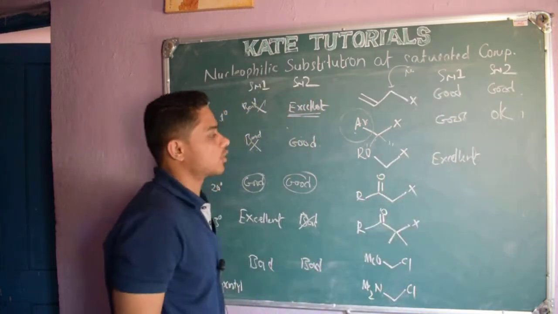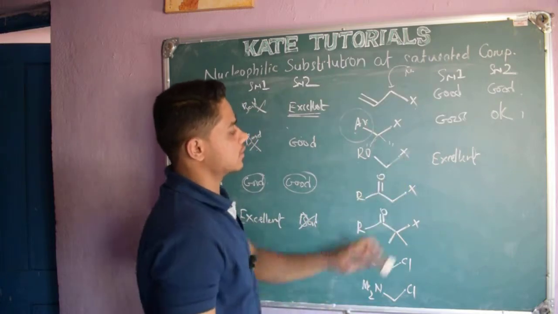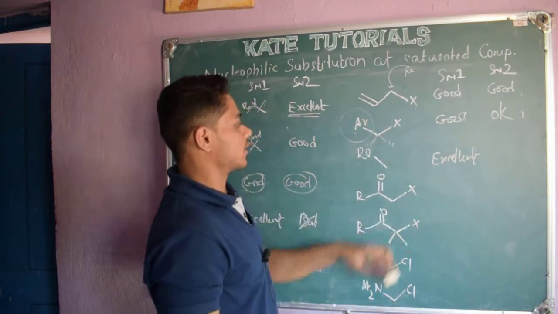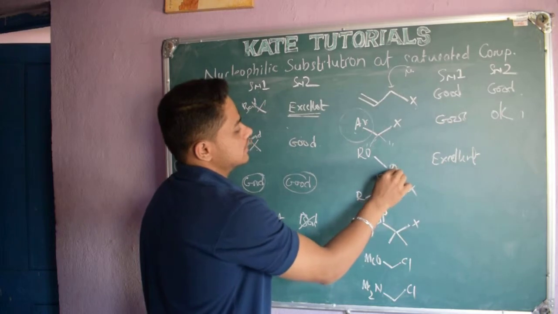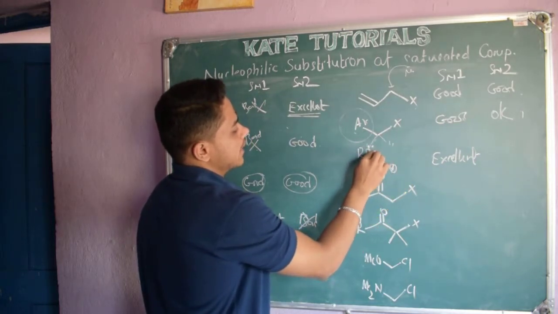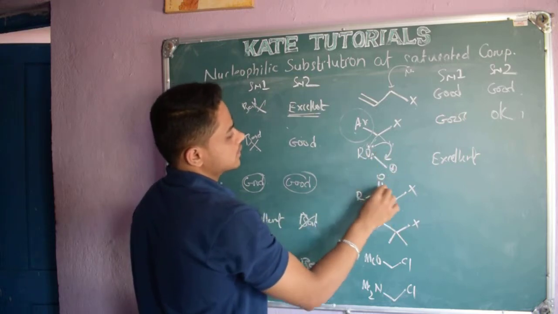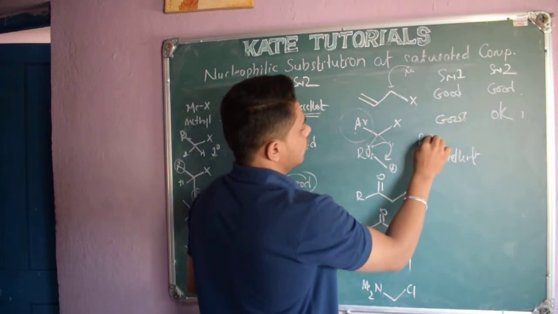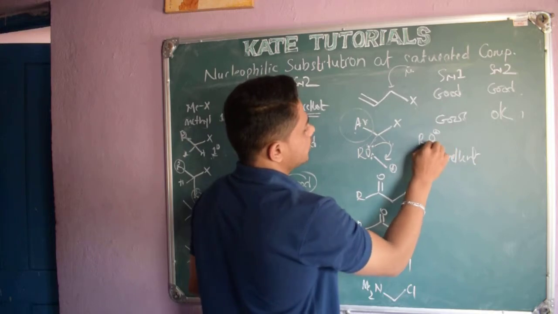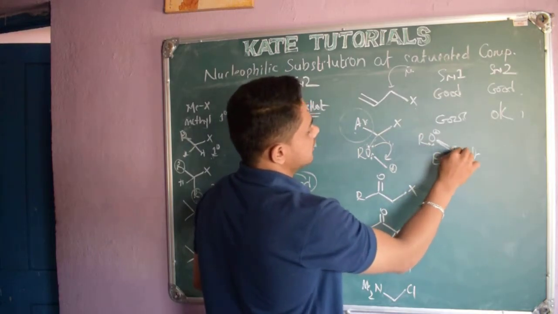And here it will be excellent for SN1, because once the leaving group goes with the electron density, this carbon gets a positive charge. This carbon is stabilized by the lone pair of electrons on oxygen. So it becomes R-O plus, with one lone pair as usual and a double bond to this carbon.